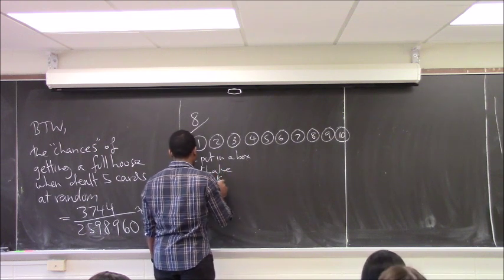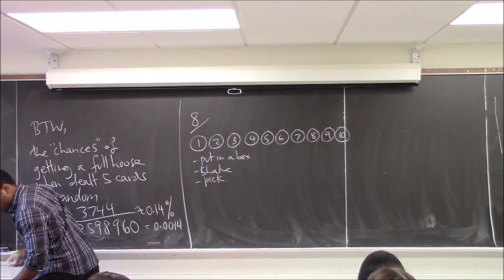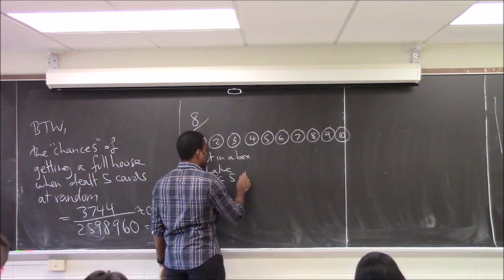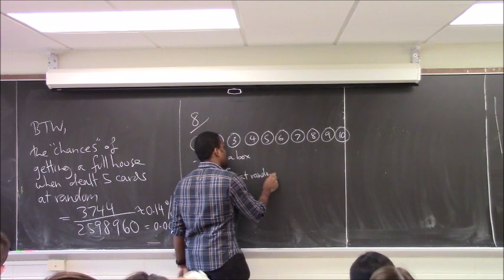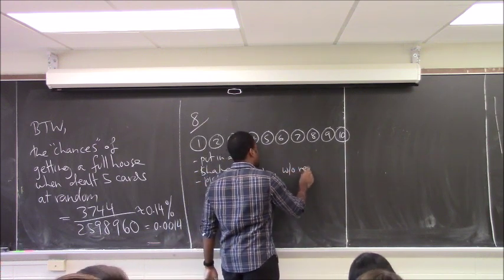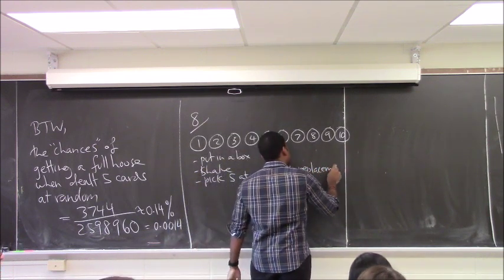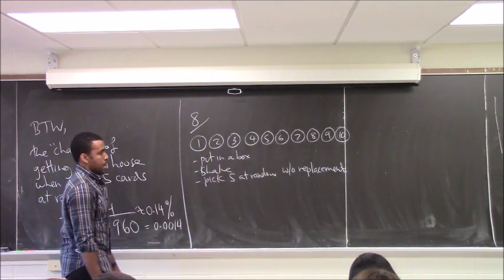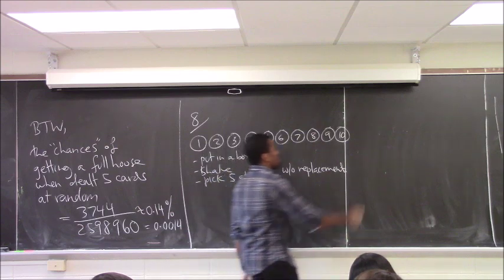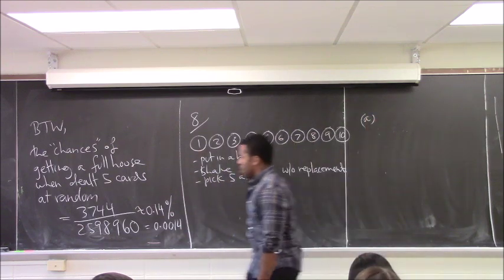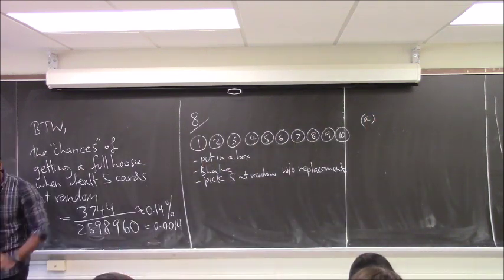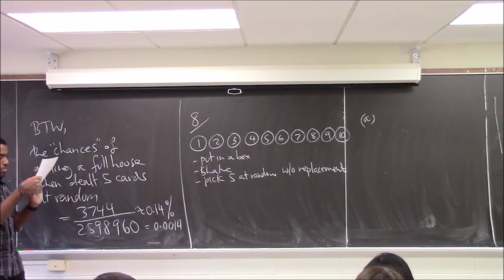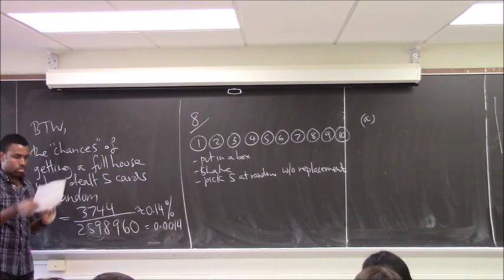Pick five at random without replacement. So now let's do A. How many possibilities are there for you to actually choose so that the second of the 5 numbers is an 8? What do you think?